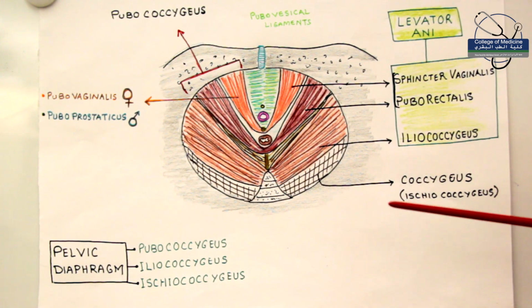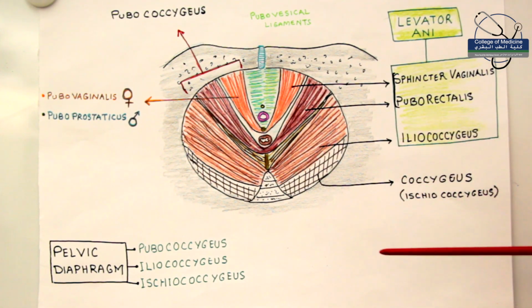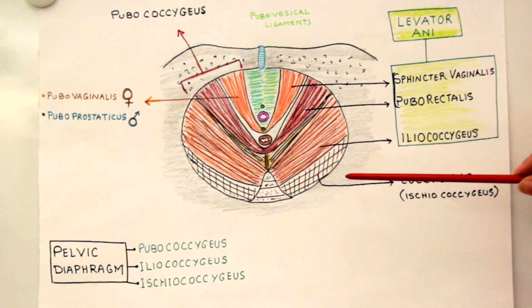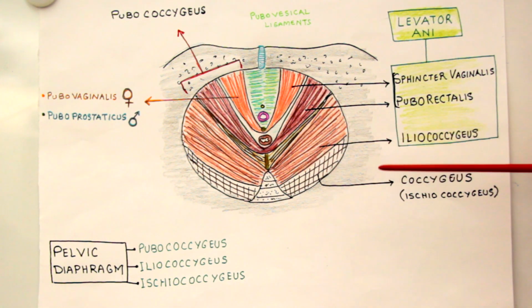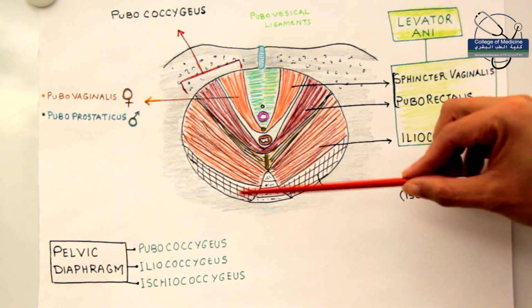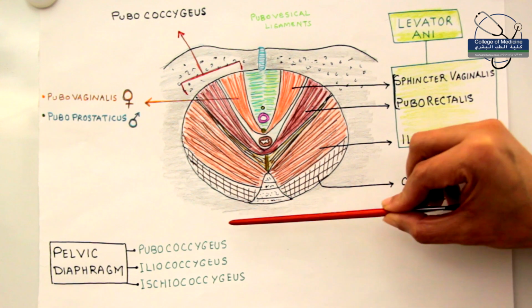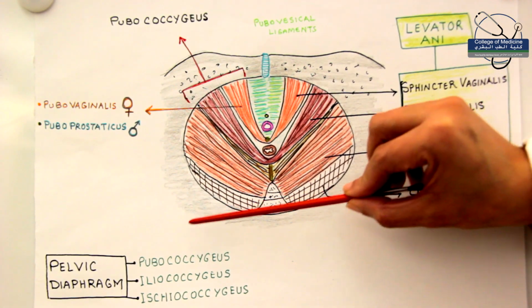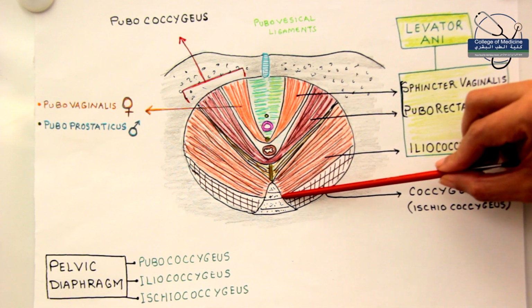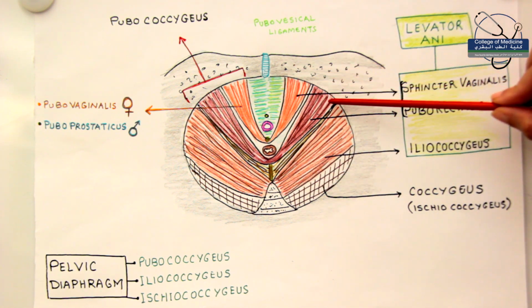As has been mentioned in old literature, many books, the pelvic diaphragm, or levator ani, is morphologically one entity, right? So we can say that it has three elements. The element which is originating from the pubic region and going to the coccyx region is the pubococcygeus element.